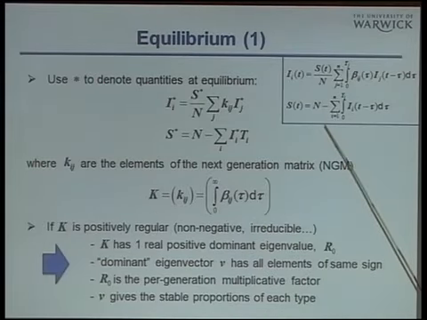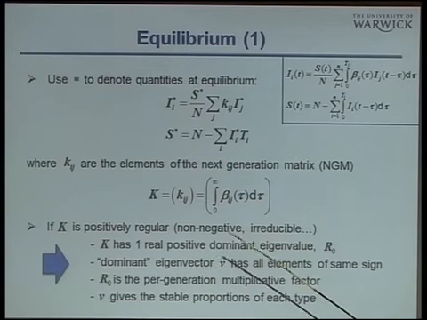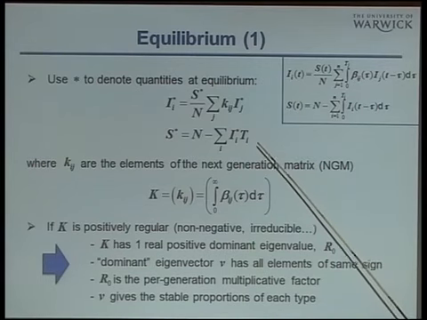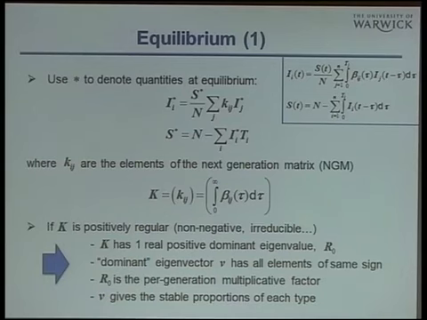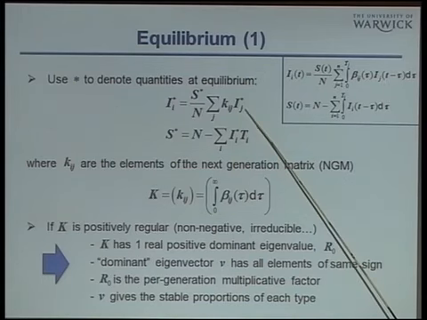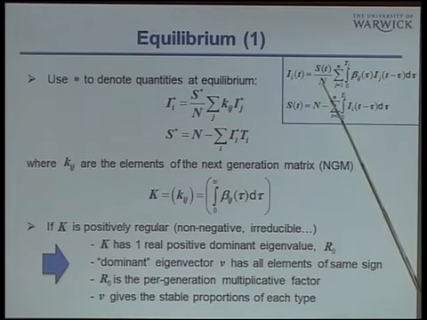So I'll leave the system here for you to have a look at it. But this system has been studied quite a lot, and it's quite easy to construct the equilibrium straight away. So if I use a star to denote the quantities at equilibrium, then the incidence of type J at any time is a constant, ij star. So it comes out of the integral.